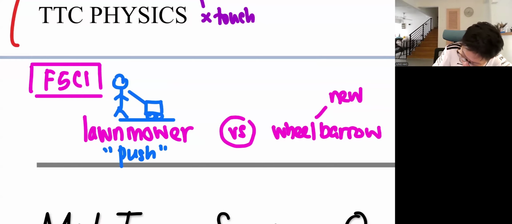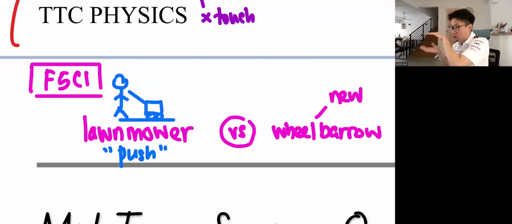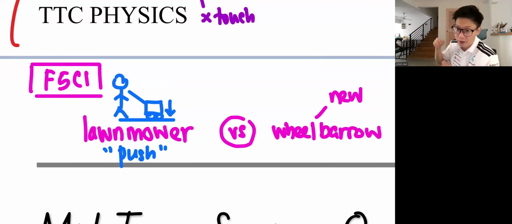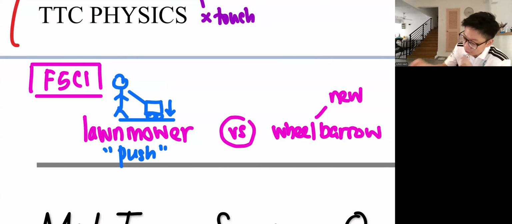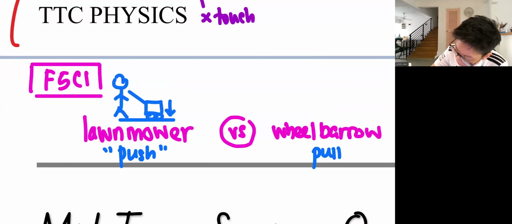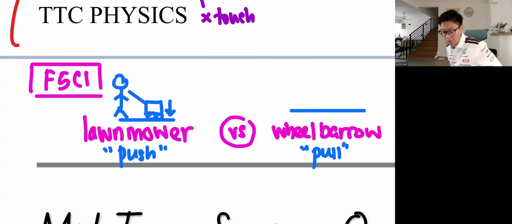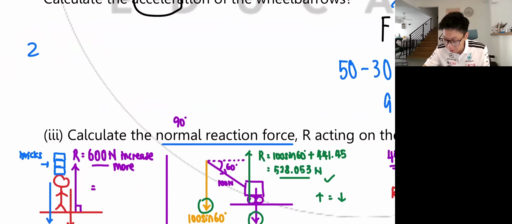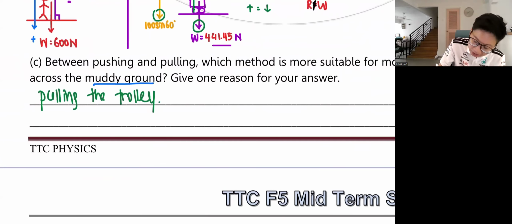Why? Because if you push the lawnmower, you will be able to squeeze it closer to the ground, and then you will be able to trim the grass shorter. But for a wheelbarrow, it is usually smarter to pull. Because if you push the wheelbarrow, they already tell you it is muddy ground.